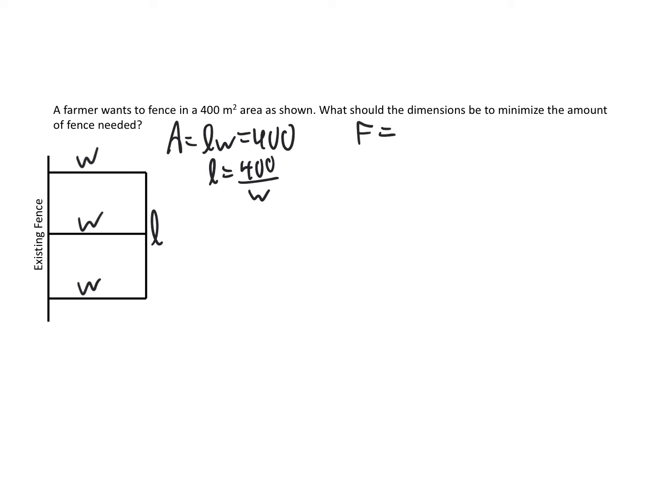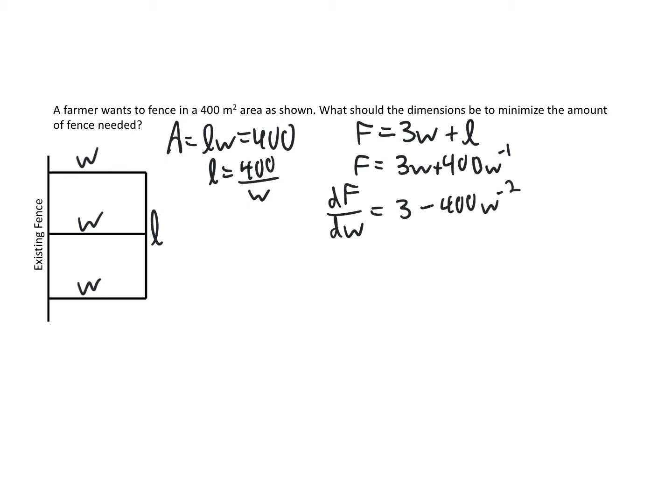Now fence, here we're fencing 3 W's plus 1 L. Again, we can simplify to 3W plus 400 W to the -1, just substituting the L back in. Now we take the derivative with respect to W, which is just 3 minus 400 W to the -2.